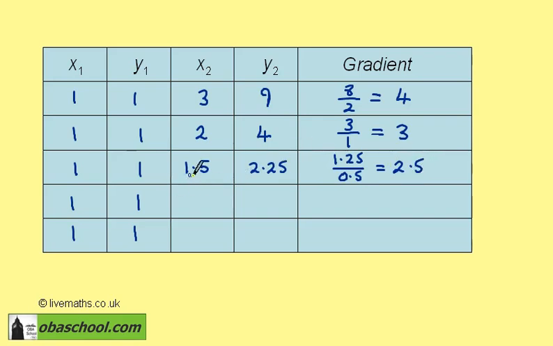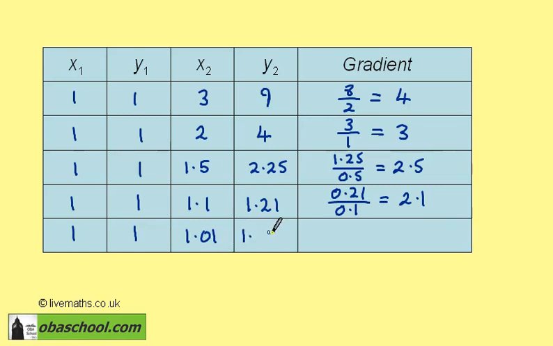Moving closer still, we can go to 1.1, and 1.1 squared is 1.21, so we get 0.21 divided by 0.1, which is 2.1. We could go to 1.01, very close.